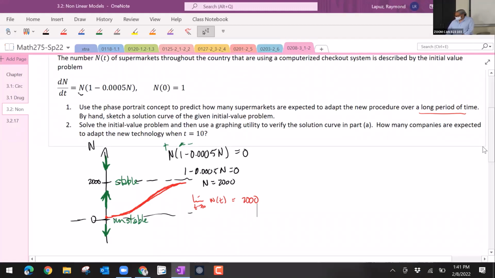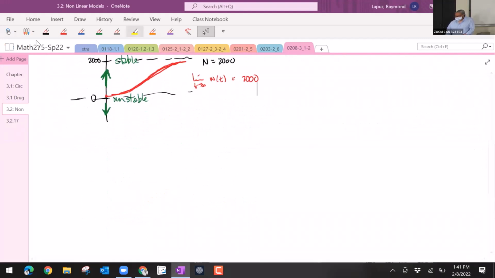And we will use our separable differential equations technique. dn/dt is equal to n divided by 1 minus 0.35n. So we separate it, we get dn divided by this, the whole thing, because those are all your variables.